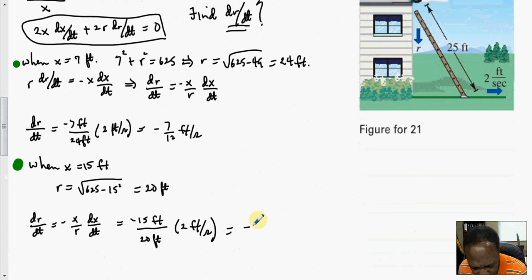So that gives us negative 15 over 10, negative 1.5 feet per second.